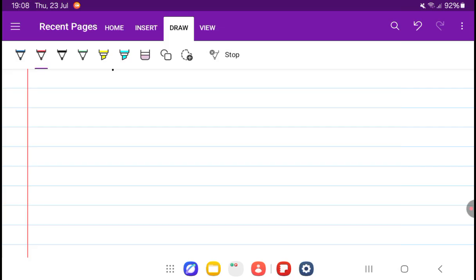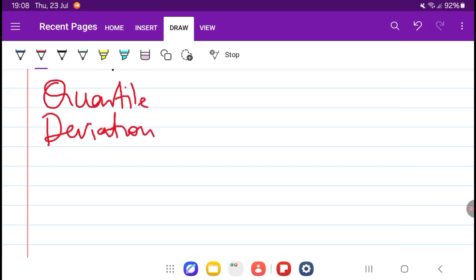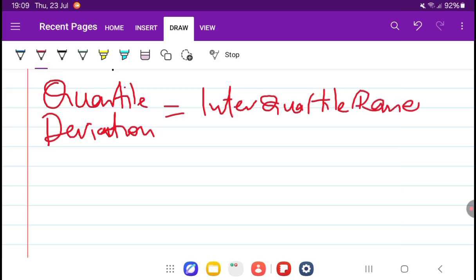So we want now to look at the formula. Quartile deviation, we get it from having the interquartile range, and then we divide this by 2.